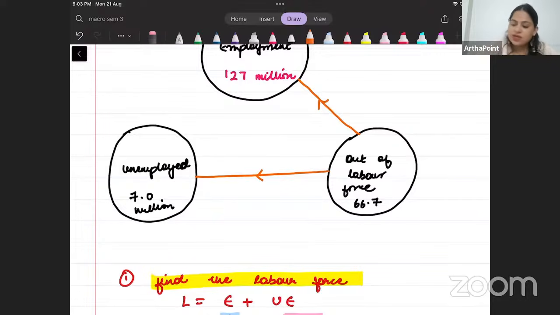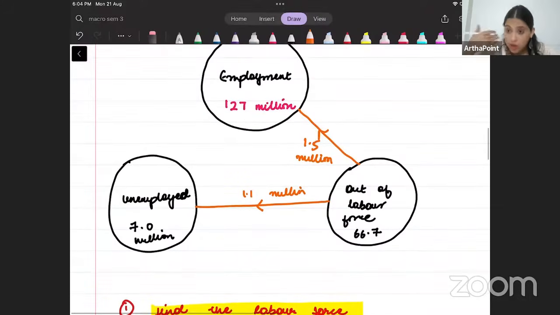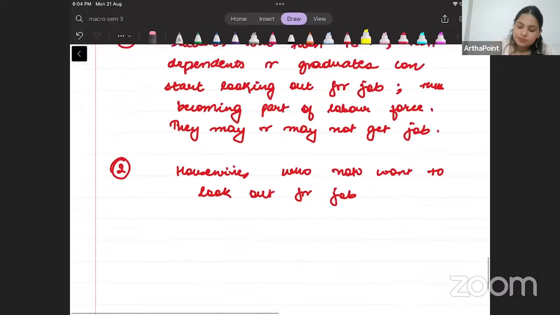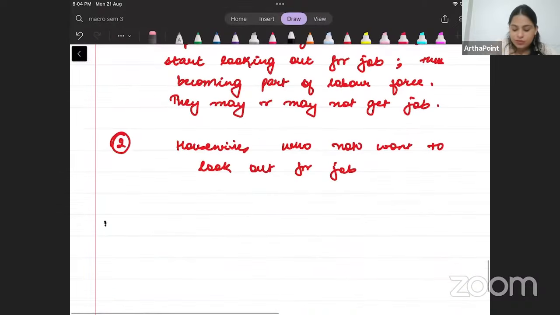So supposedly, let's say that 1.5 million people get a job, and let's say that 1.1 million people don't get a job. But they are looking out for a job now. So they have become part of the labor force. That's the first point. Second pointer, note 2.